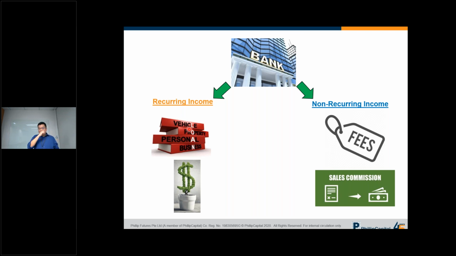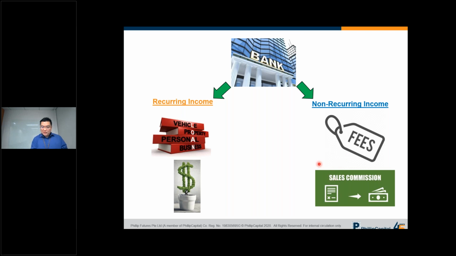But apart from that, there are other forms of non-recurring income that the bank earns. It could be through fees, for example, if you have a credit card and you pay late, they charge a late payment fee, or an annual fee. Or, this is mainly for the corporations, when they help them integrate their system to the bank system for the collection of transactions, for collections of revenues, the banks may charge them certain fees for doing such integrations.